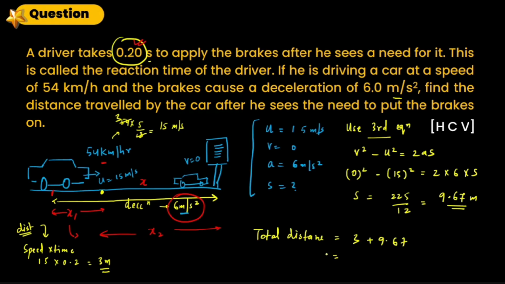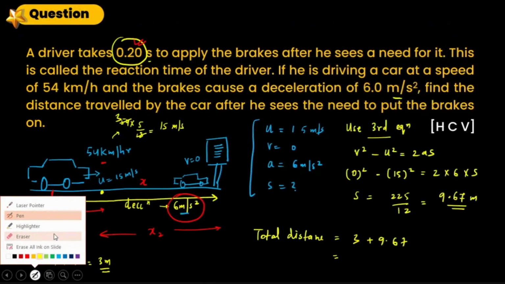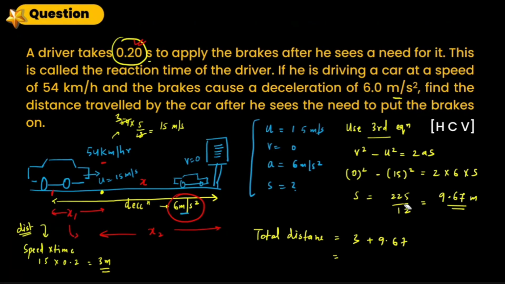Wait, for that 2 times 6 times S, that's the displacement, right? Yeah, displacement only, and it is going to be 225 by 12, 18.95. I did it half.